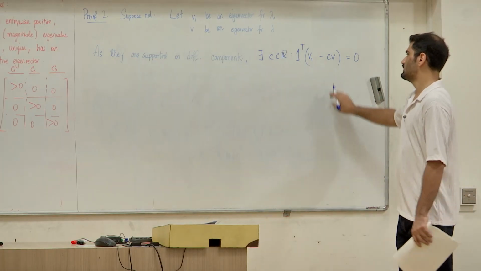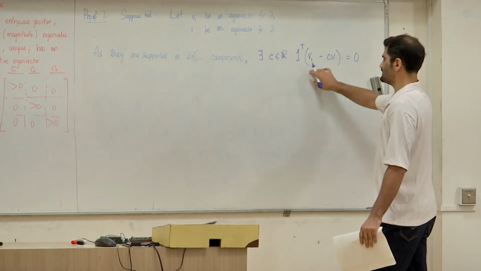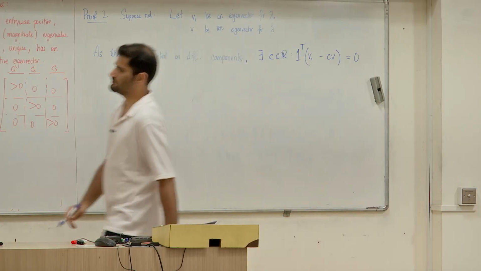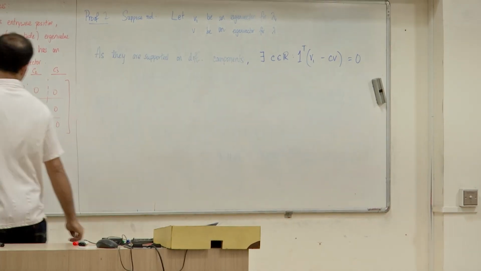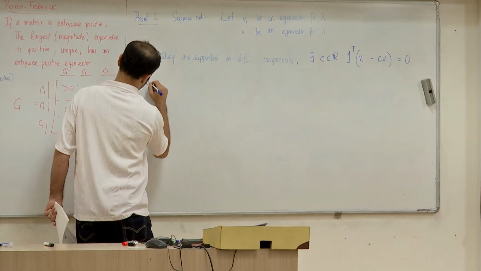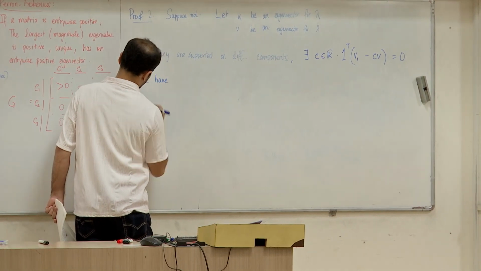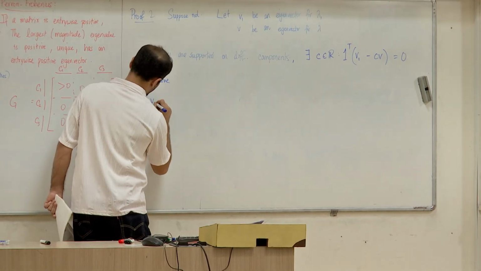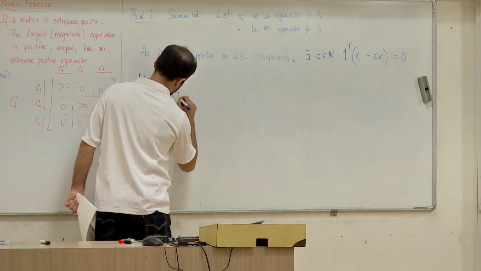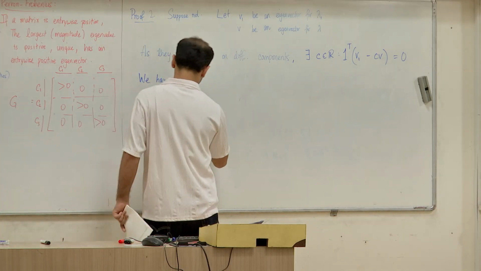Now let us apply the only technique we have, which is PSDness. We have V1 minus CV transpose all of that.